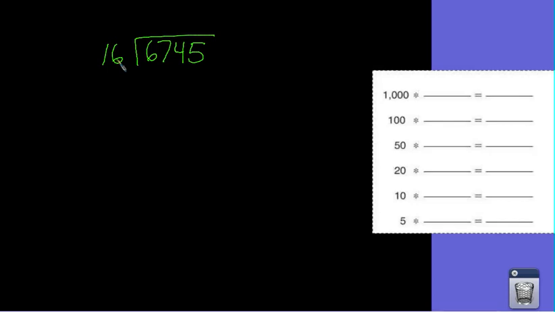So I'm going to come to my chart. I'm going to add my 2. I know I'm going to be multiplying all of these by 16. 16 times 2 is 32.